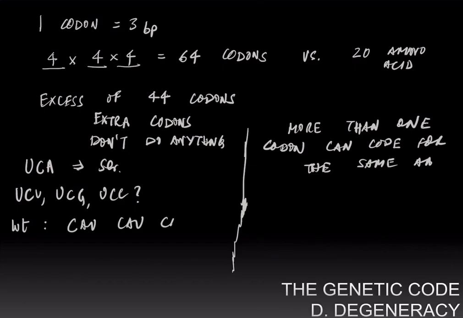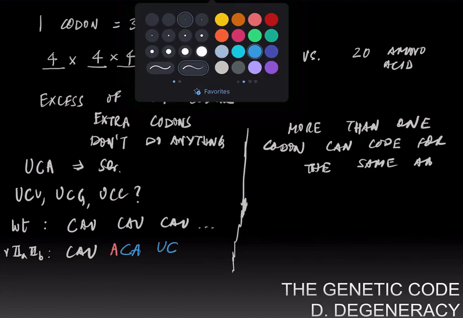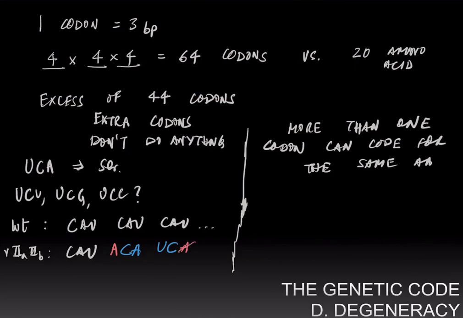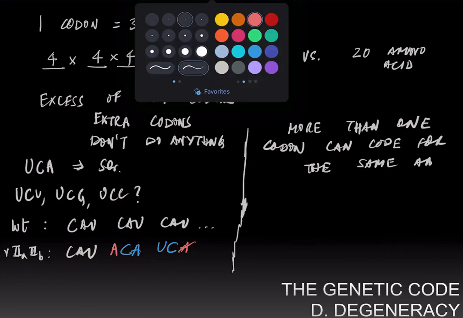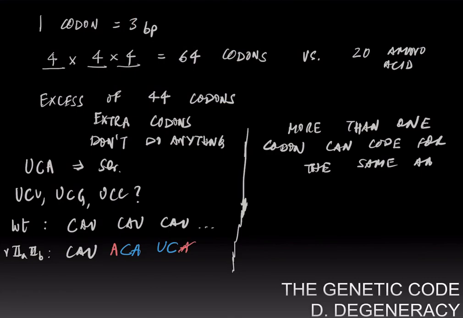CAU, CAU, CAU, and so on, which codes for histidines, and the double mutant is CAU, and then we have an insertion of an A at the 4th position, so that we have ACA, UC, and then the deletion in the suppressor of the A at the 9th position, and then we have UCA, and so on.